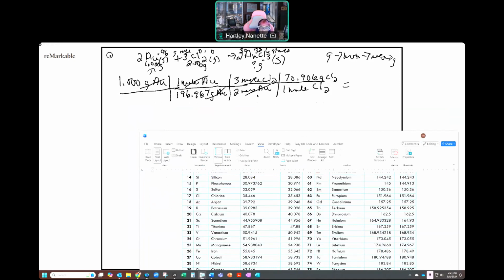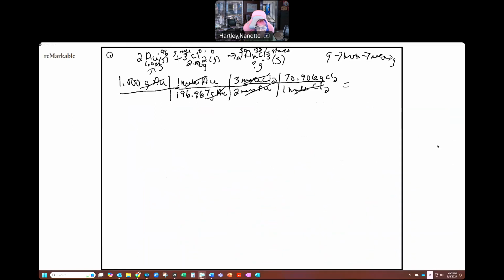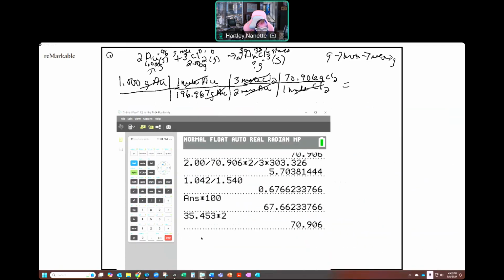So again, this should calculate for me how many grams of Cl2 are required to react with all of the gold that I have. So I'm going to do that math. And again, all this is going to tell me is how much of the Cl2 is required to react with the amount of gold that I have present.